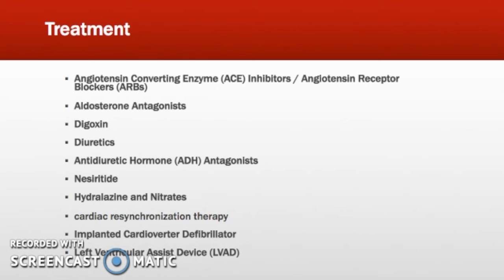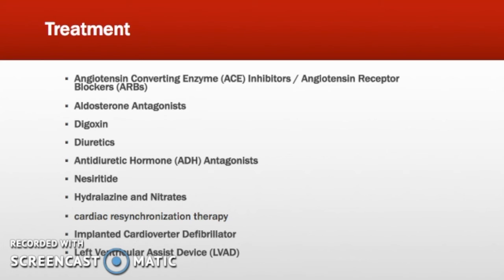The loop diuretics are utilized to help maintain euvolemia in patients with heart failure. These drugs are for symptom relief only and have never been shown to provide mortality benefit. Antidiuretic hormone antagonists help to regulate water retention by absorbing water in the collecting ducts of the nephron. Blocking this receptor allows water to be excreted more readily.